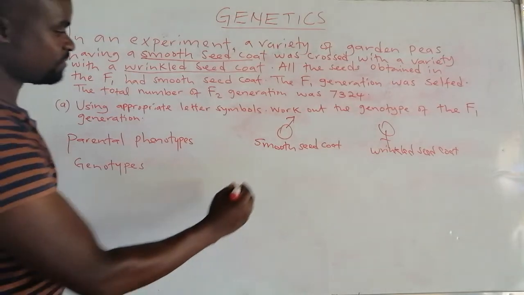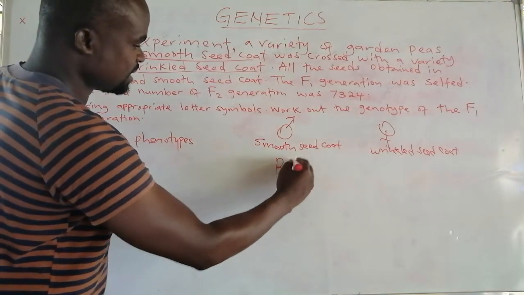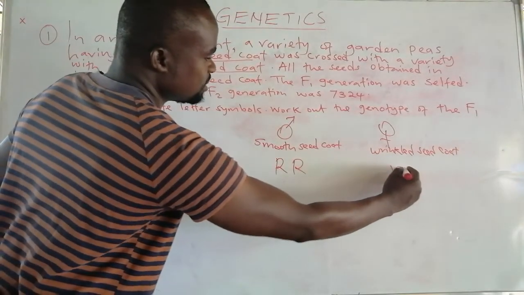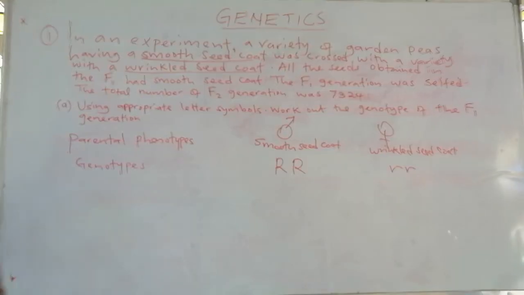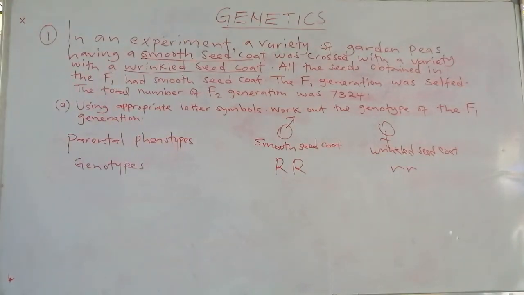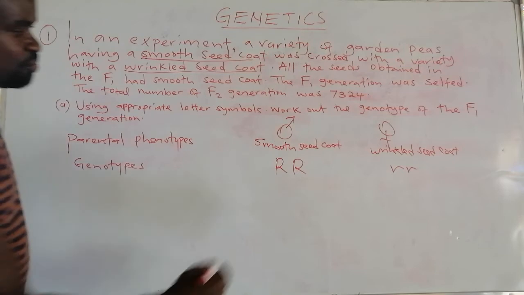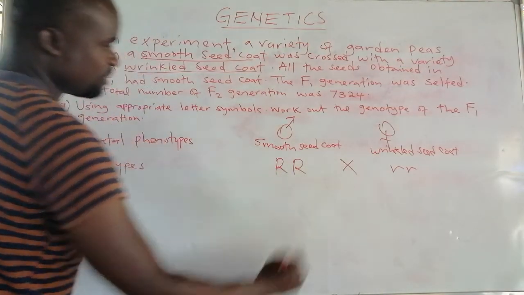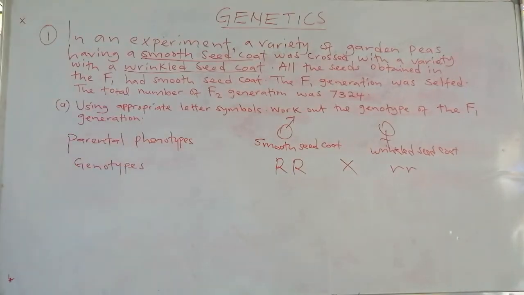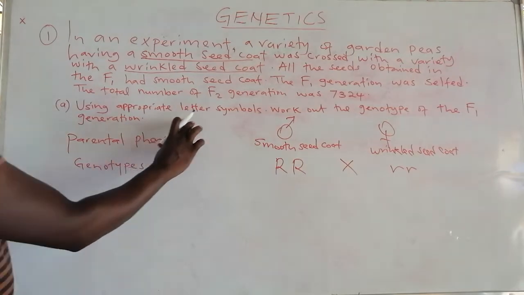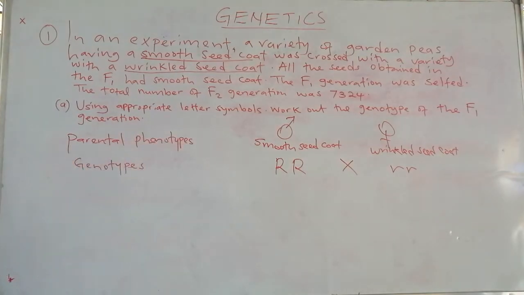So we are going to have R, and then this one will have small r because it is recessive. Then you must have what we call a cross between the genotypes. We are not going to cross the phenotypes, but we are crossing the genotypes.